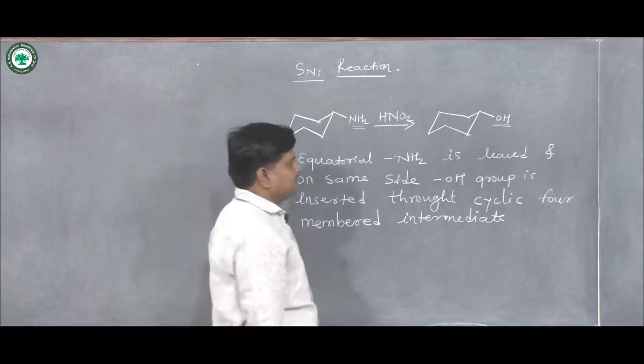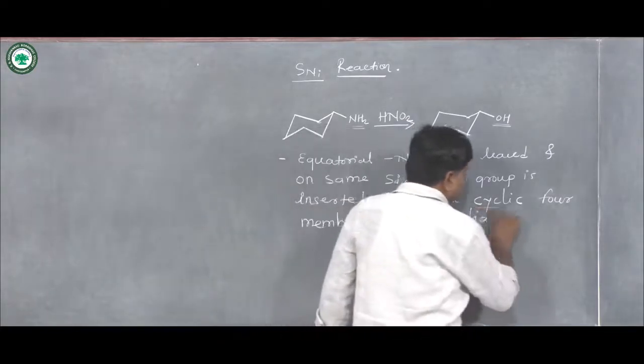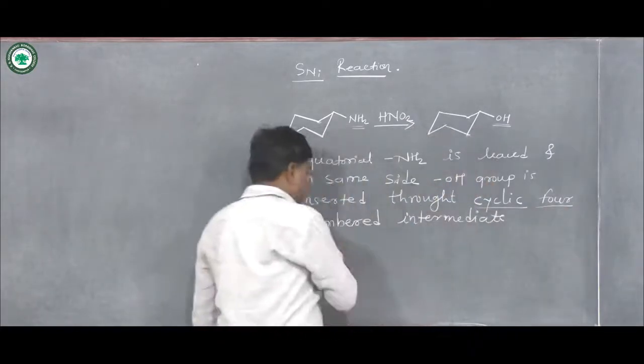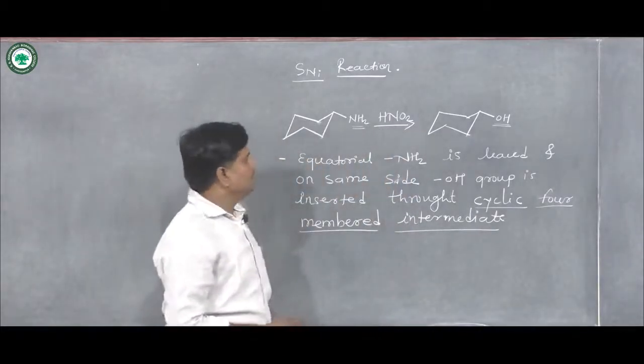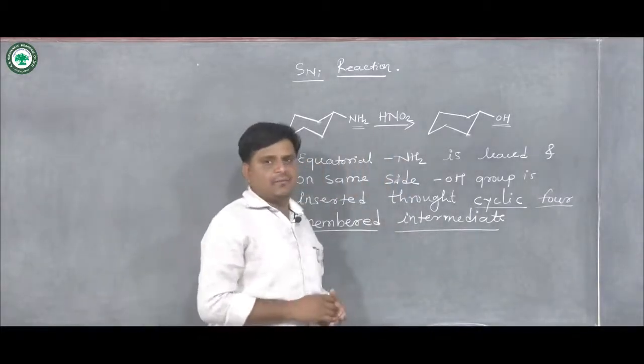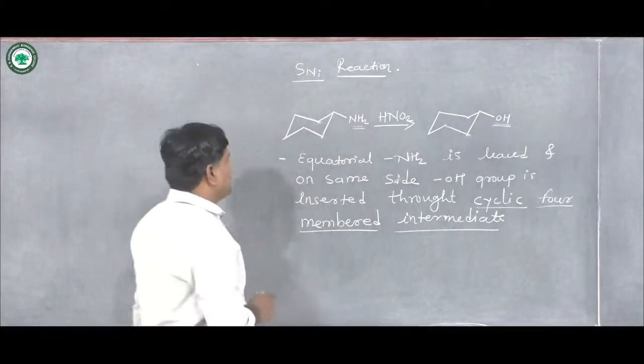So this one point is important for us: the cyclic 4-membered intermediate. So we take an actual example of this.